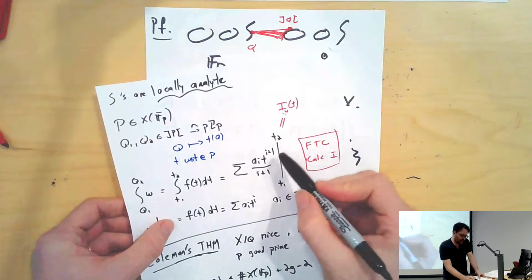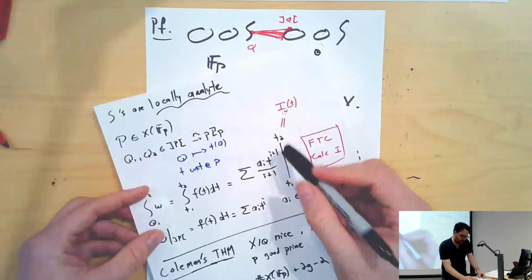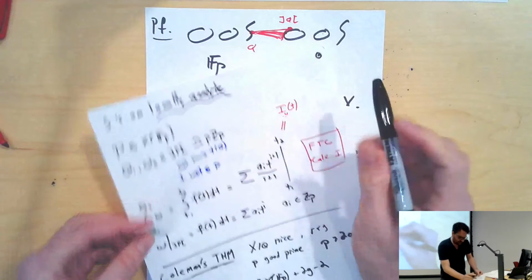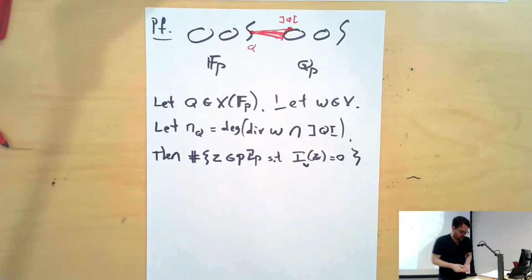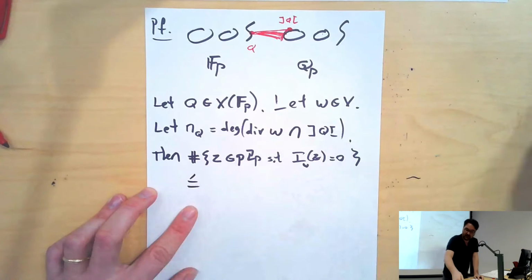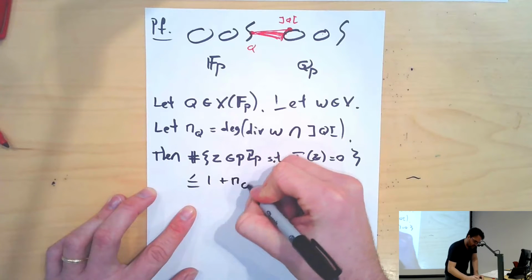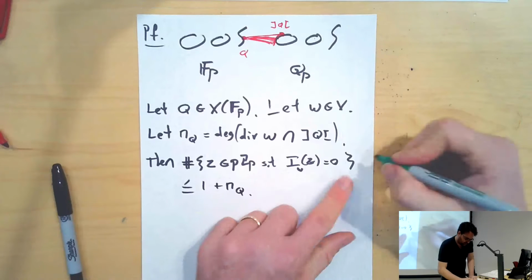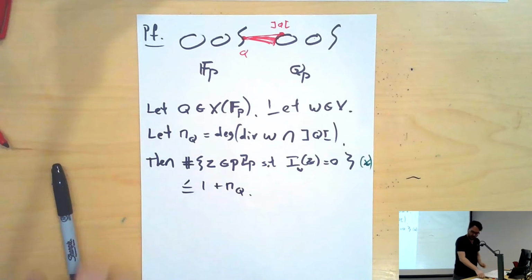Remember, any pair of rational points in this residue disk is going to give you a T1 and T2 such that this vanishes. So our goal is to bound zeros of this. And Coleman's calculation is that, again, given this assumption on P, this is at most 1 plus NQ. So let me star this. We'll defer the proof for about a slide.